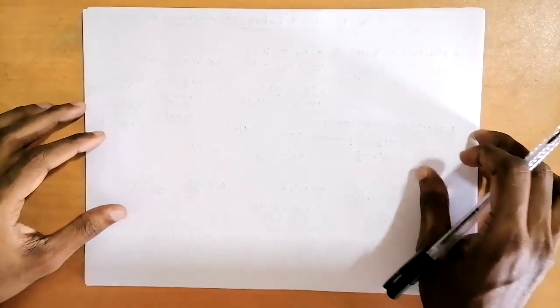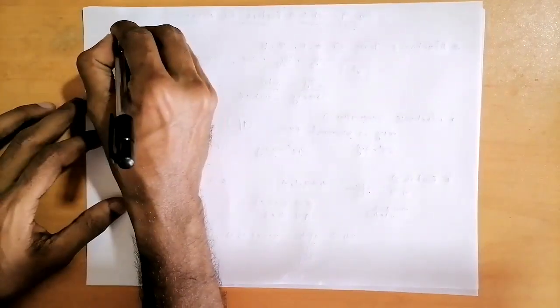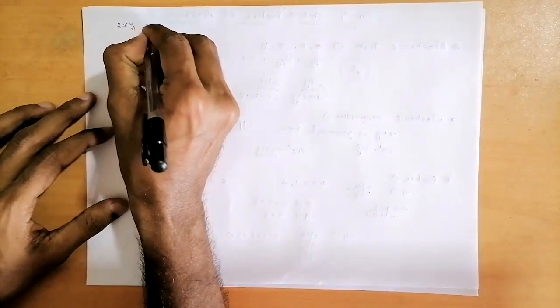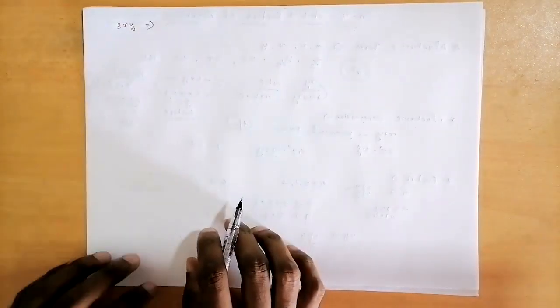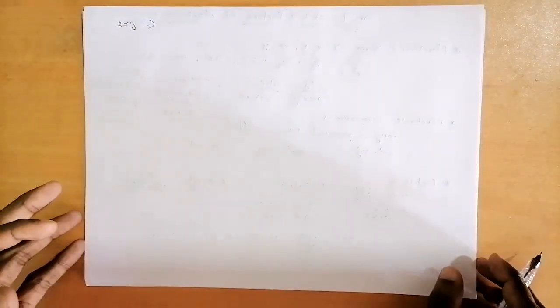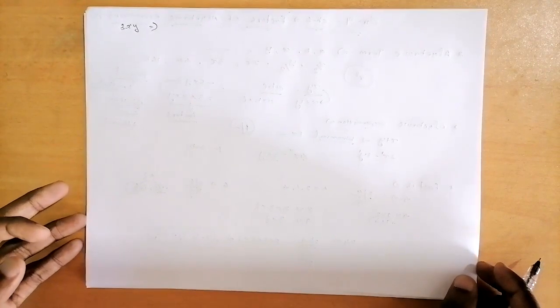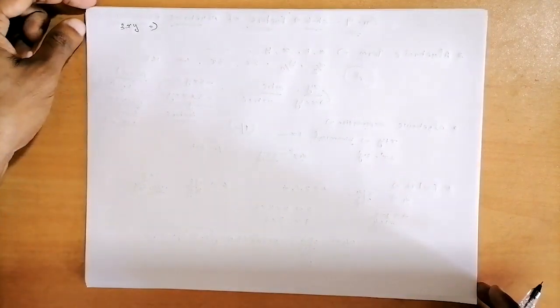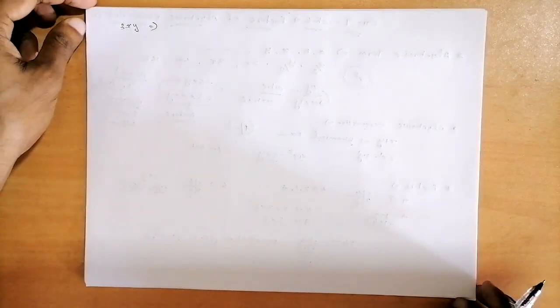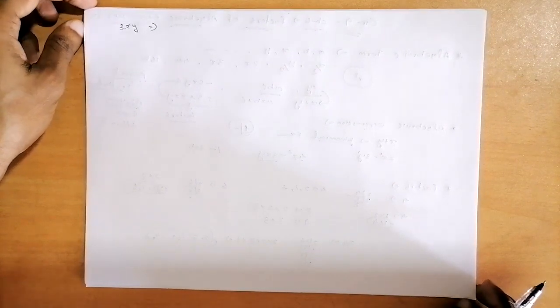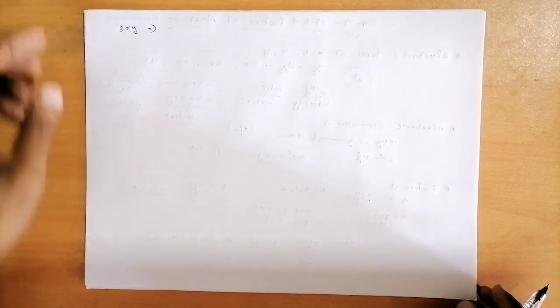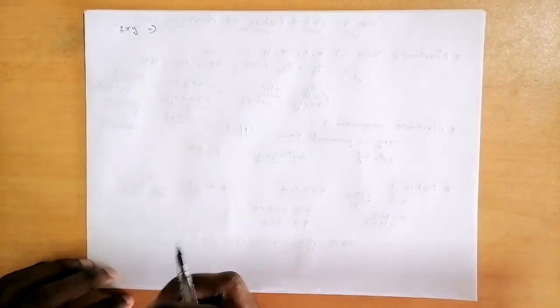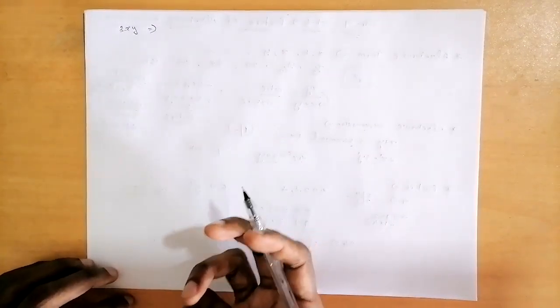So let's take first 3xy. It's an algebraic term. For algebraic terms, we don't do the division by prime numbers to get the factors of the given number.